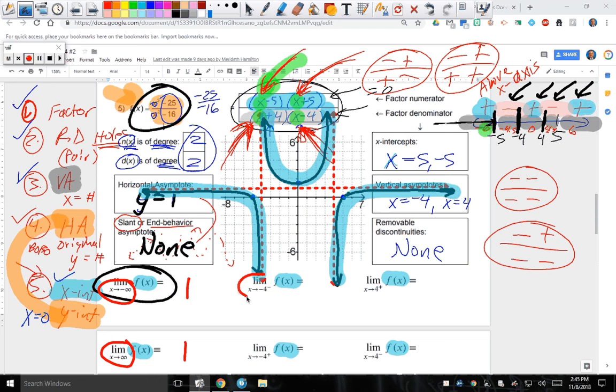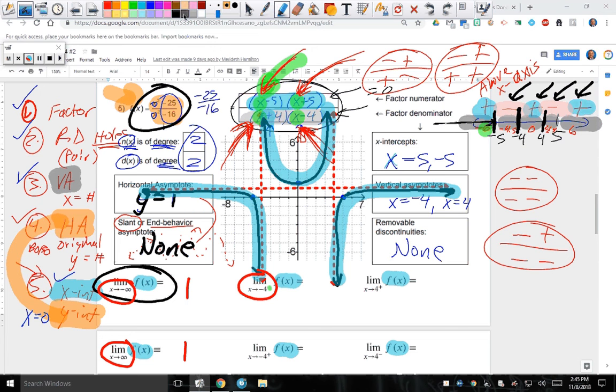Now we're going to approach negative 4 from the what? From the left. Guys, this little negative sign after it says negative 4, okay? Let me do it a little bit smaller so you can see it. This negative sign right there says you're approaching from the left. Watch how I do this.